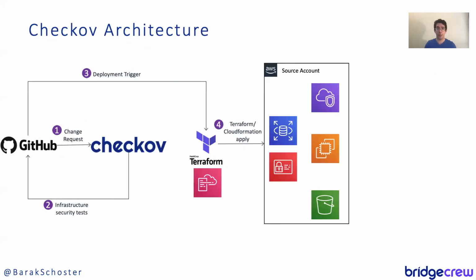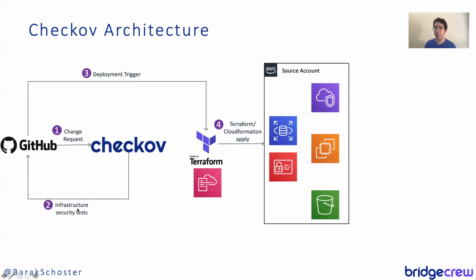So how would you integrate Checkov into your architecture? The way it would look is you would usually do a code change to your infrastructure. Then you will have this code change scanned using a build pipeline like GitHub Action, Jenkins job, or something else.